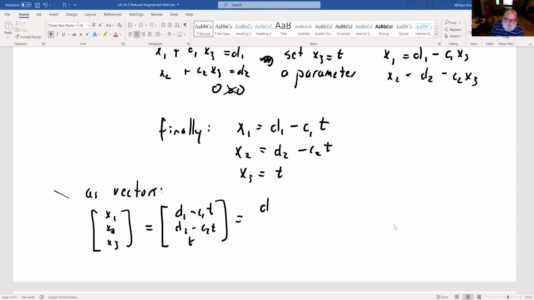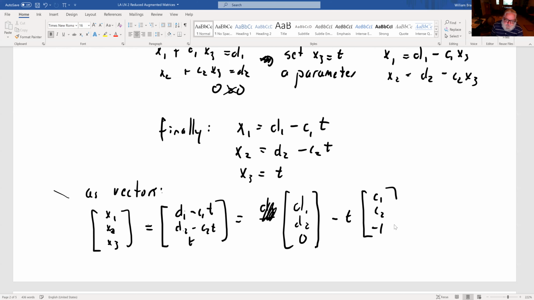And then like we did above, we can split that. We'll take the d1, d2, 0 out as one vector, and then we'll factor out a minus t. And then we're left with c1, c2, minus 1. All right, so we get two vectors, this one, and the second one is multiplied by this parameter t.